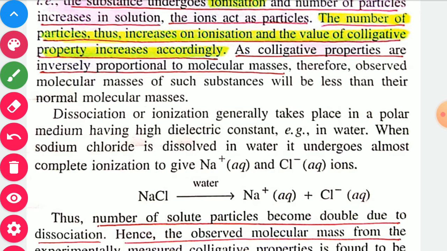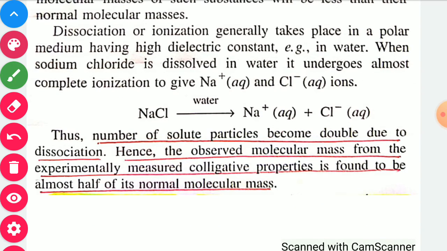Here the ionization of sodium chloride is given. Sodium chloride gets ionized in water to give aqueous sodium ion and aqueous chloride ion. Thus the number of solute particles becomes double due to dissociation of sodium chloride. Hence the observed molecular mass from the experimentally measured colligative property is found to be almost half of its normal molecular mass.